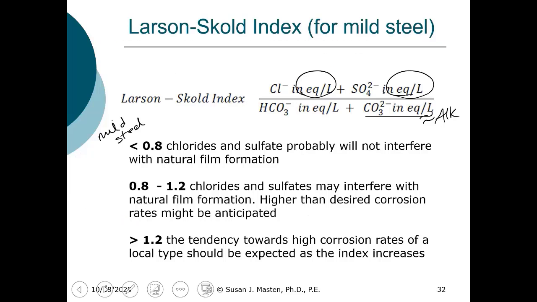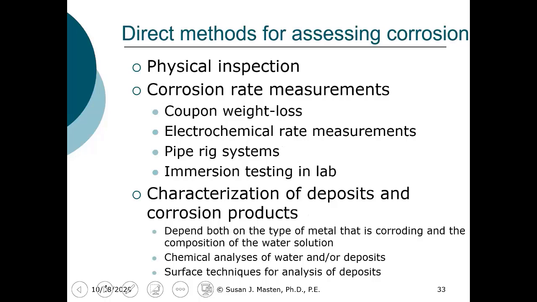I know I've gone over, but I think I've only got one more slide. I'm not going to spend a lot of time. This is just the direct measurements for assessing corrosion. Notice, if you haven't watched yesterday's tutorial, Tom talks about this. In these rigs, they have coupons, and what they're doing is they're looking at weight loss.